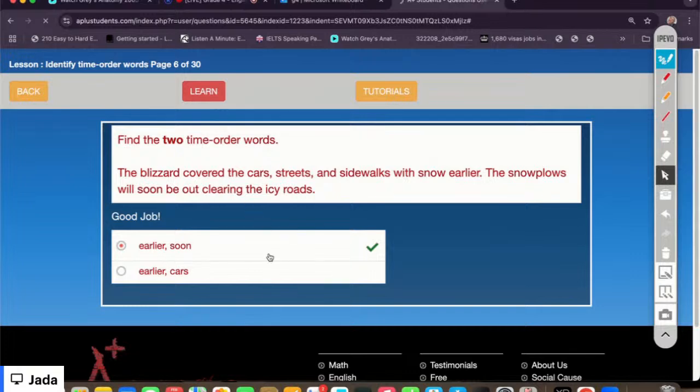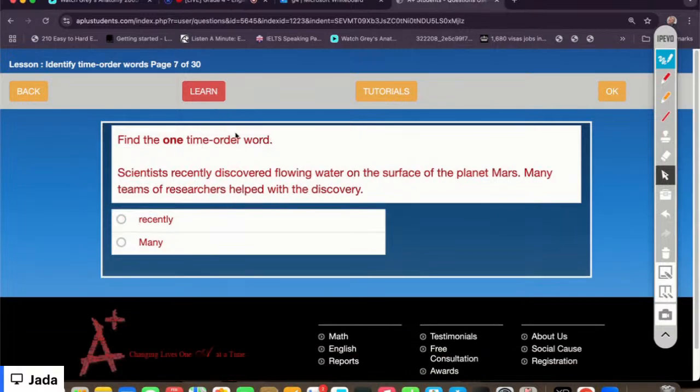Okay. So we have one time order word here. Scientists recently discovered flowing water on the surface of the planet Mars. Many teams of researchers helped with the discovery.